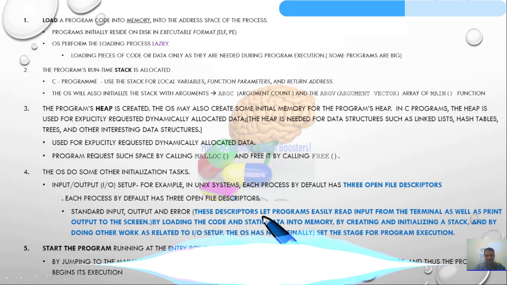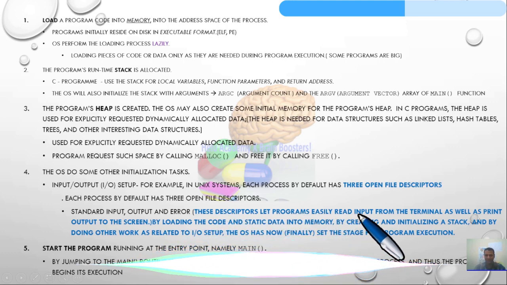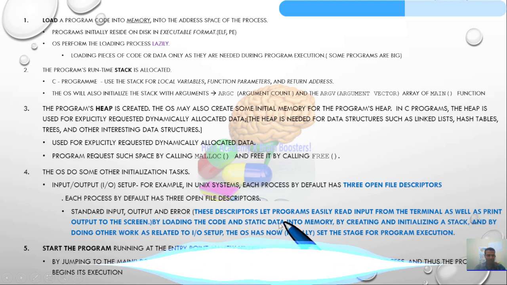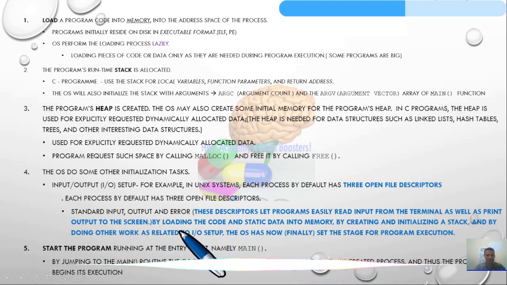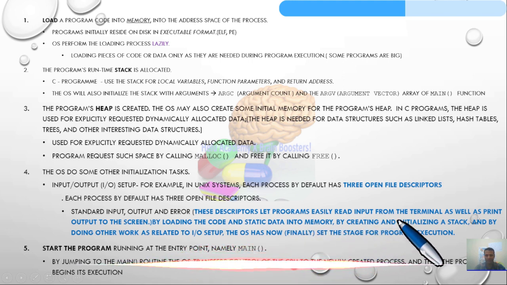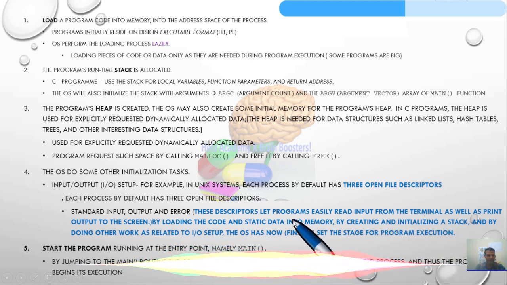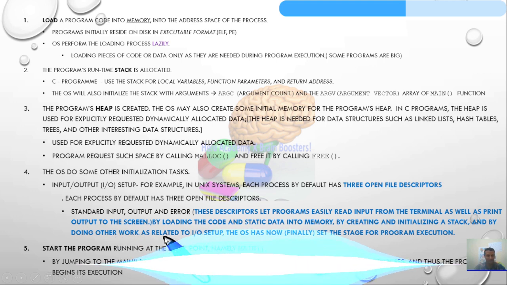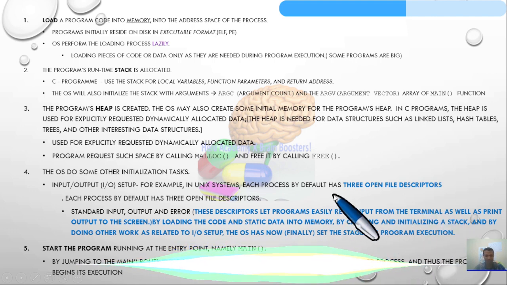These descriptors let programs easily read input from the terminal as well as print output to the screen. By loading the code and static data into memory, by creating and initializing a stack, and by doing other work related to I/O setup, the operating system has now finally set the stage for program execution.